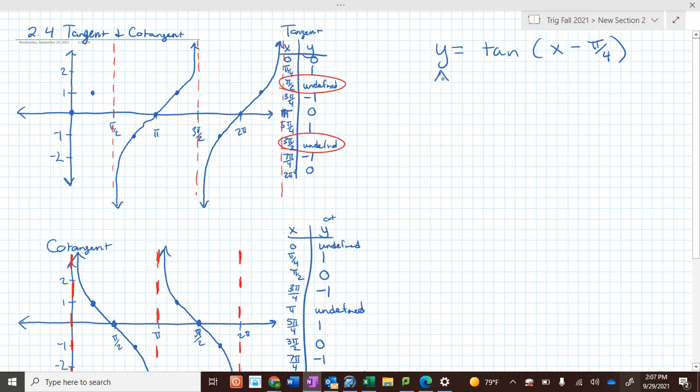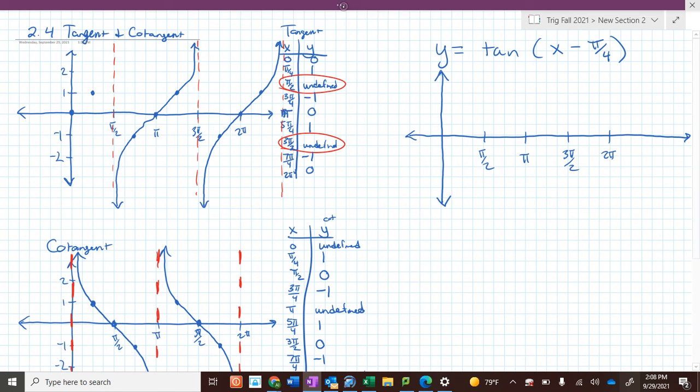Now, I'm after just the final answer here, right? So if I'm after just the final answer, I'm going to make my shift right off the bat with these. So pi over 2, pi, 3 pi over 2, 2 pi.